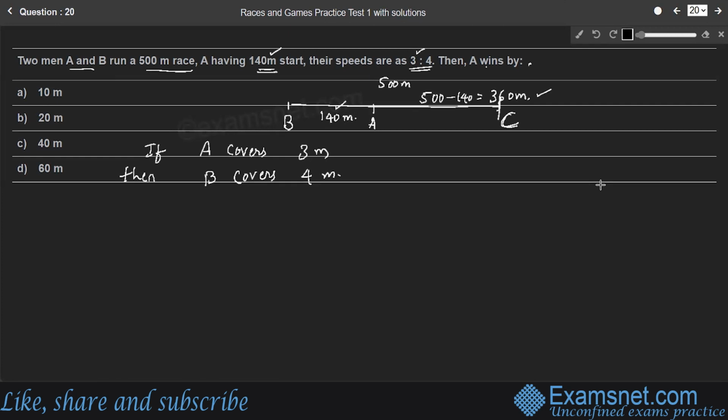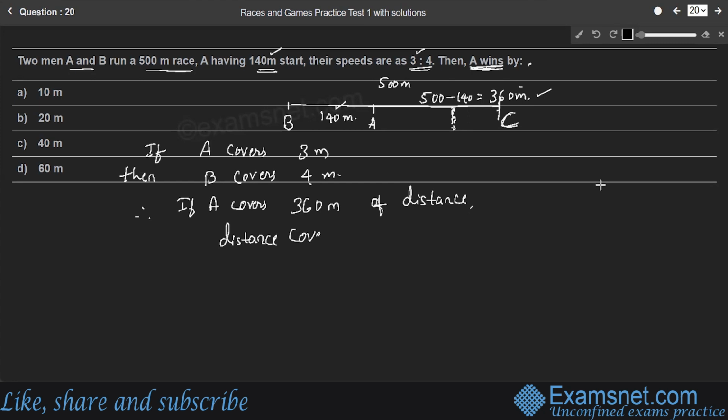Therefore, if A covers 360 meters of distance, what will be the position of B? What is the distance covered by B?